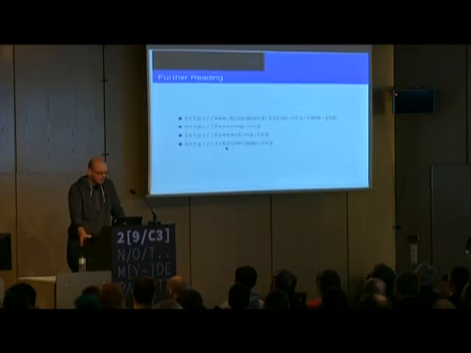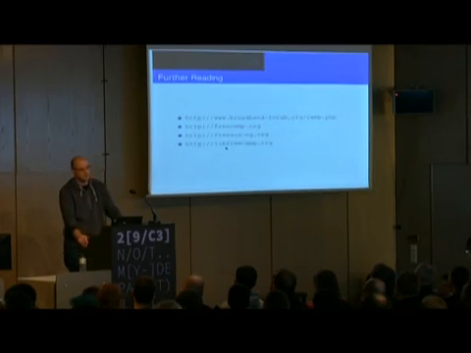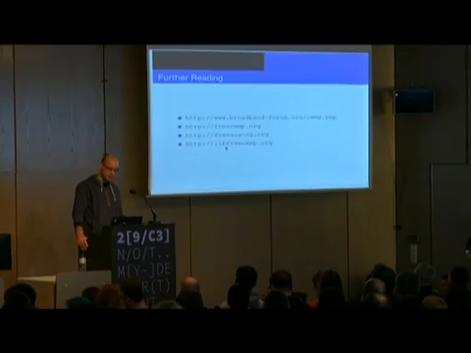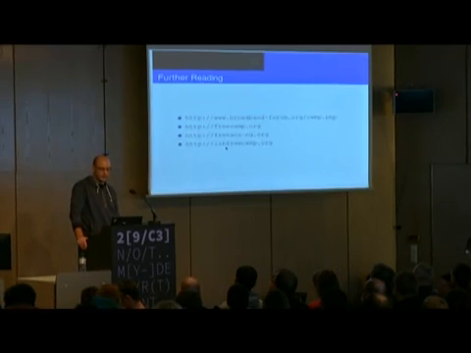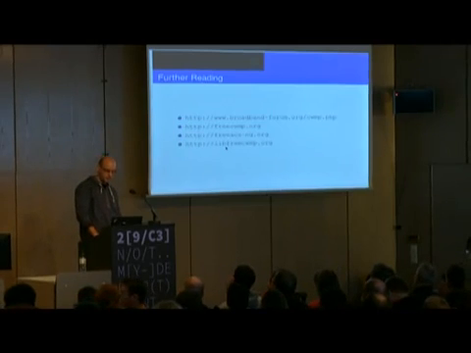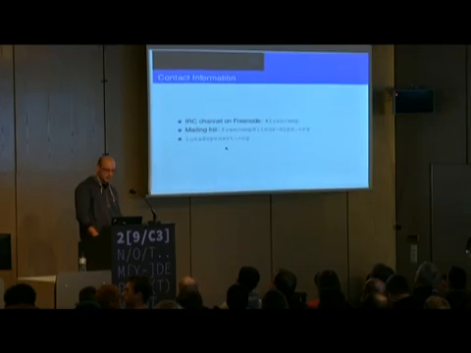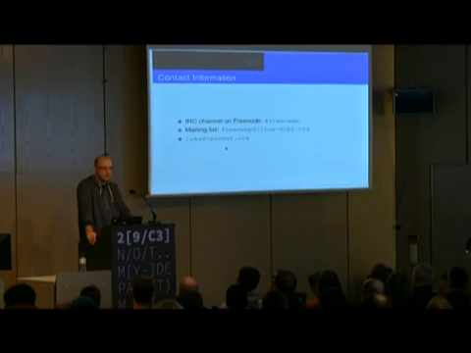Here is a list of links of these projects. The first one is the official Broadband Forum CWMP documentation. You can find us on Freenode, free CWMP channel, or you can send email to the mailing list, and this last one is my email if you want to get in touch with me. Thank you.